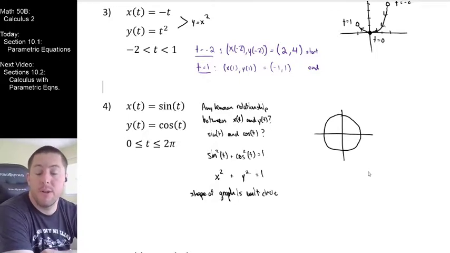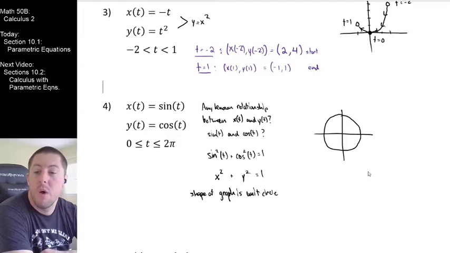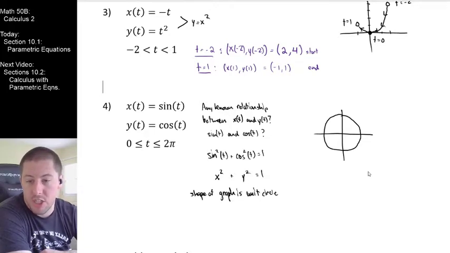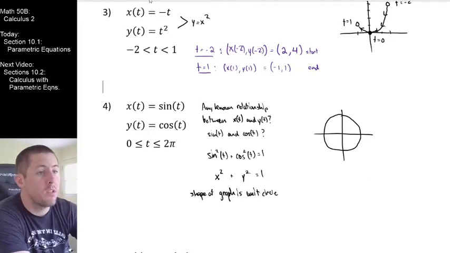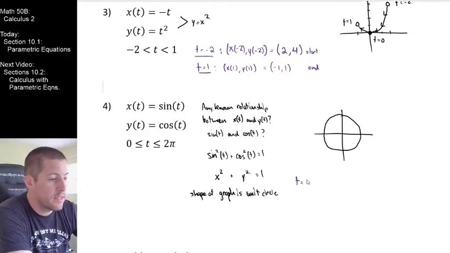And now, if we were just given the equation x squared plus y squared equals 1, we'd be done. But unfortunately for you, oh, well, fortunately for you, because this is really cool stuff, we've been given parametric equations, so it still matters that we determine things like where we start, where we end, and what direction we're traveling in here. So let's go ahead and ask, what's going on at time 0?